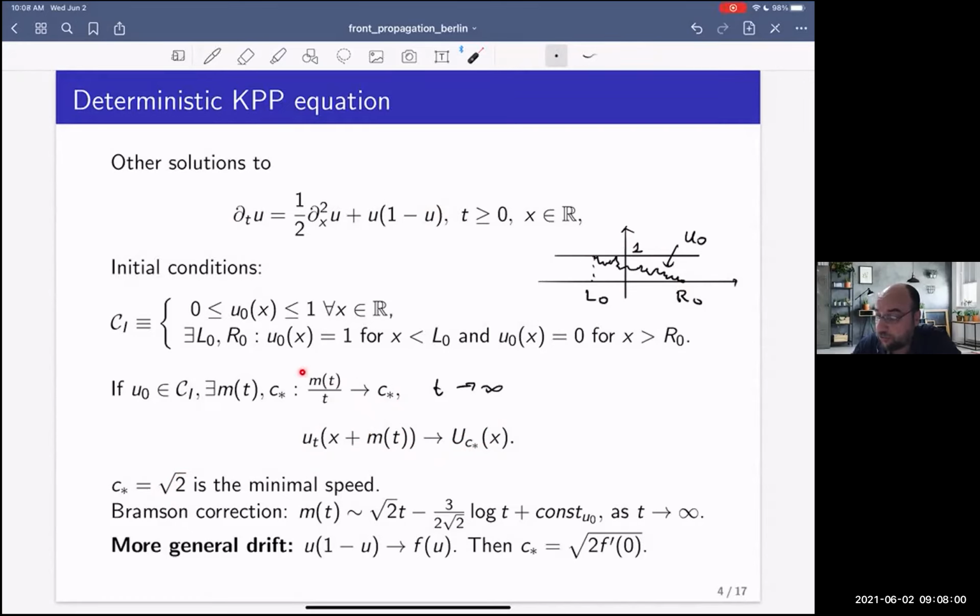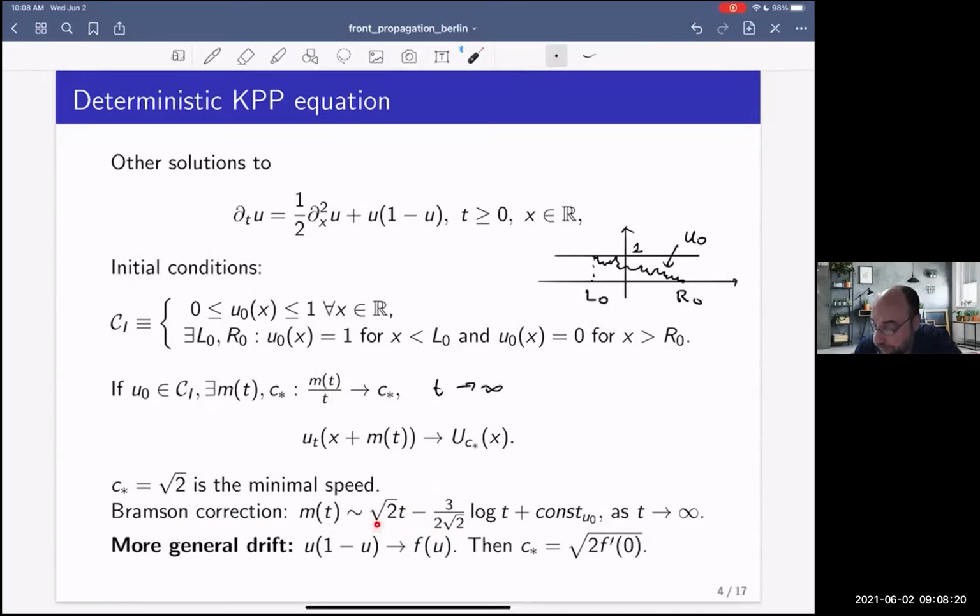And one can also ask the question how m(t) looks like, and Bramson found out that there is a correction to the c star times t, which is this term, minus (3/(2 sqrt 2)) times logarithm t.